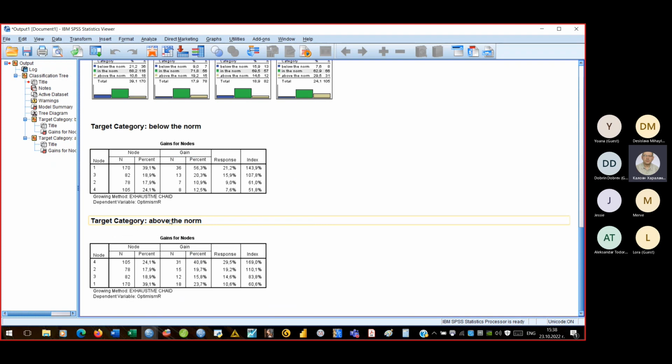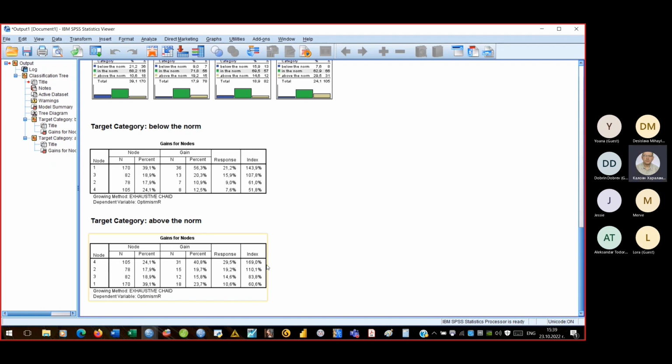Next table is for the other category, above the norm. Here, node number 4 is the node with the highest percent of persons above the norm, and node number 1 is the node with the lowest percent of persons above the norm.